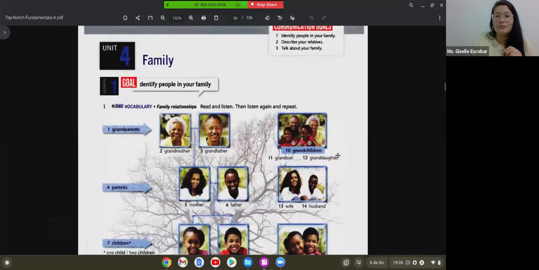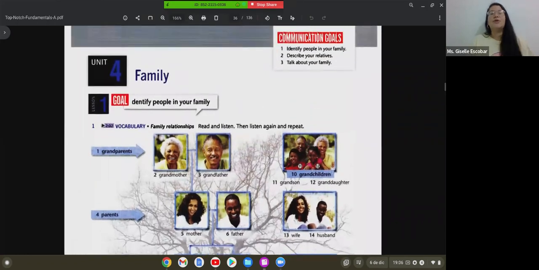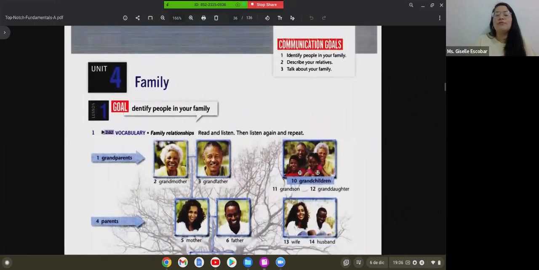Yes, teacher. Perfect. So here we have unit 4. What is the name of unit 4? Family. Family, exactly. And we have 3 communication goals.